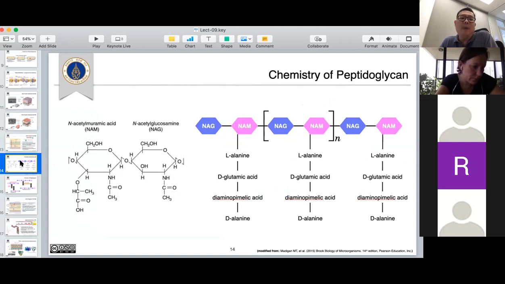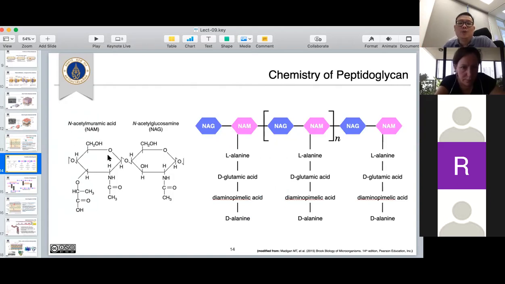So let's see peptidoglycan. Peptidoglycan is a heteropolymer. Heteropolymer means a polymer of A, B, A, B, A, B linked together like this. One unit we call NAG, which stands for N-acetyl glucosamine. And NAM is N-acetyl muramic acid.